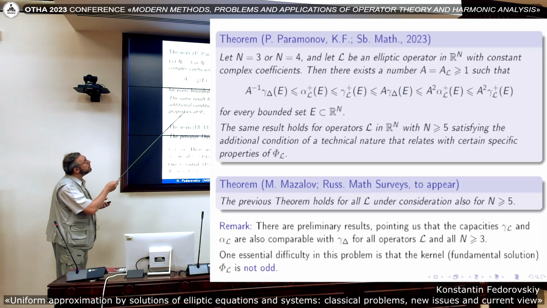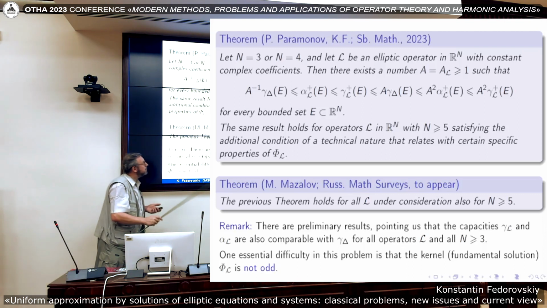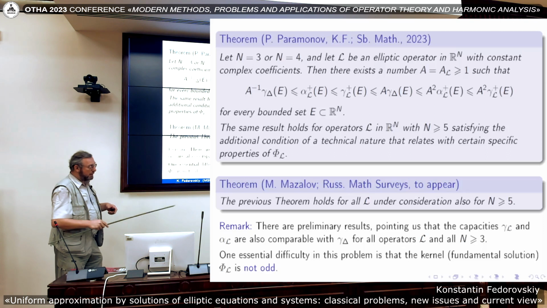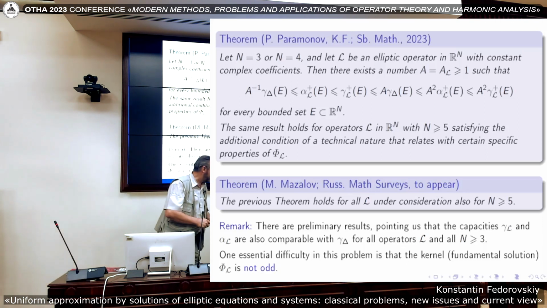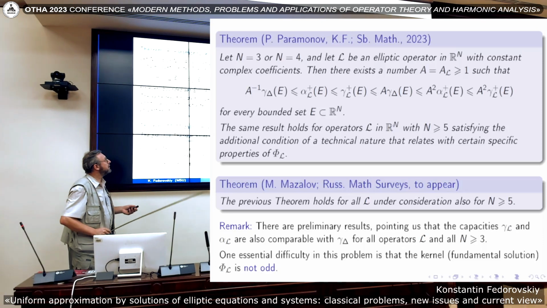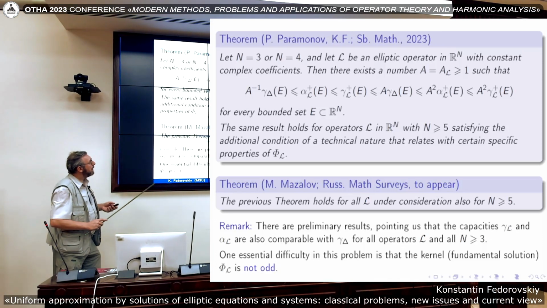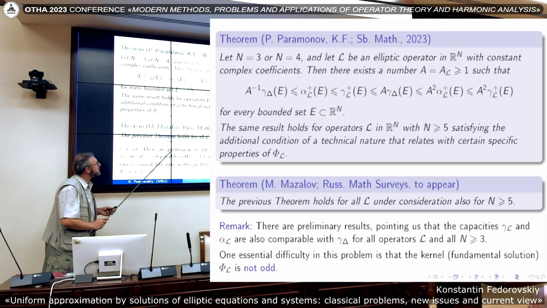Moreover, we prove this comparability also in the case of dimensions bigger than 5, but under some additional technical condition, which was avoided also very recently by Maxim Mazalov.